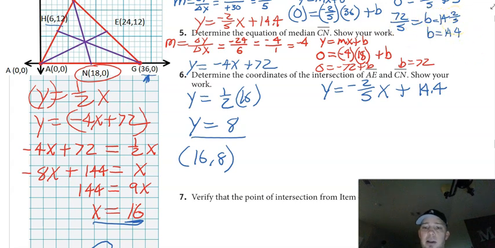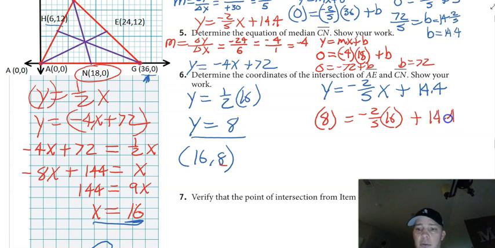You wrote it in 3 different ways. Let's go ahead and plug in the points here. So y is 8 equals -2/5 of 16 plus 14.4. I should probably use the fifths because this is going to end up in fifths here. So I'm going to, instead of using the 14.4, I'm going to use 72/5.